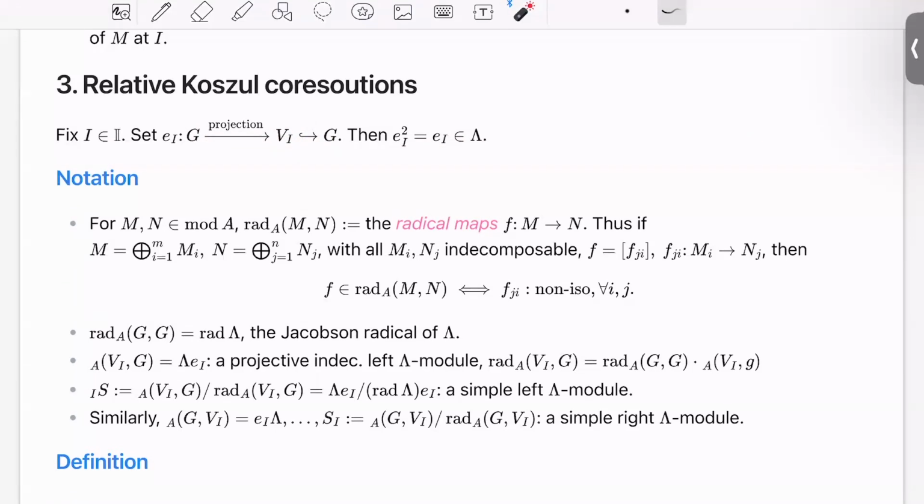I want to skip this, but the radical map is okay. So thinking about the radical of lambda, this Hom set V_i G can be regarded as lambda e_i, a projective indecomposable lambda module. And as before, we can define the simple lambda module by using e_i.